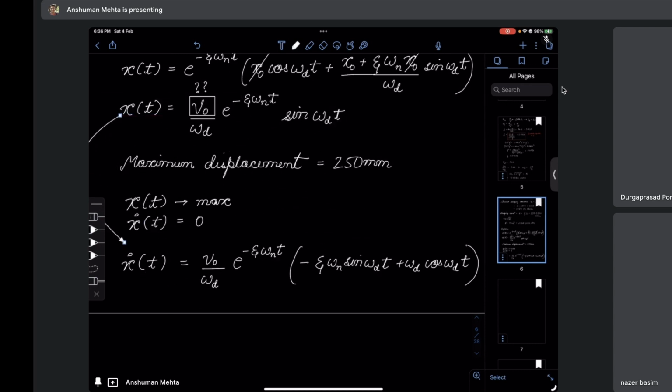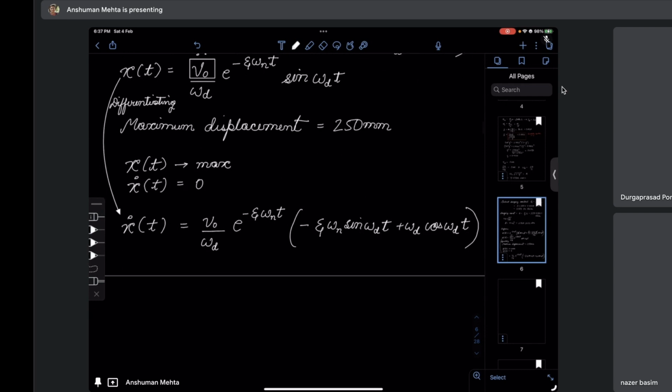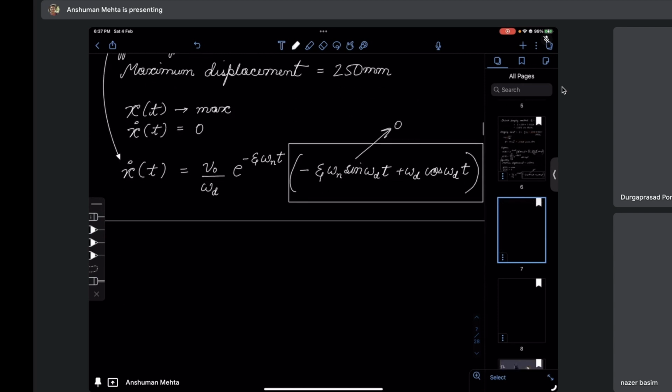So this exponential term cannot be 0, so we move on to whatever is in the bracket term, and that should be 0. So I will just copy this term here and put it equal to 0.